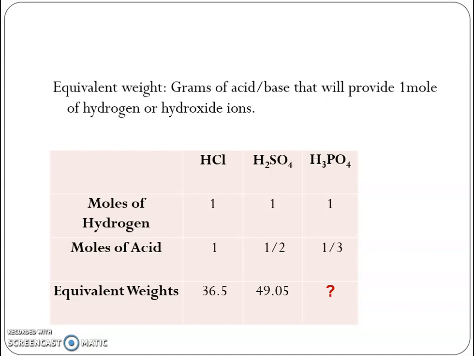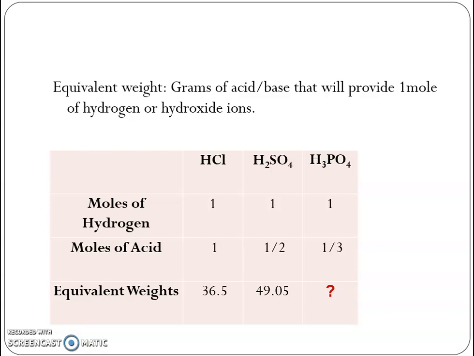The equivalent weight of HCl is its molecular weight divided by the moles of hydrogen, or you can say its basicity, that is 1. So it will be 36.5. Now for H2SO4, we will divide the molecular weight by 2 because 1 mole of acid has 2 moles of hydrogen. So its equivalent weight will be 49.05 because H2SO4 is 98 gram per mole.